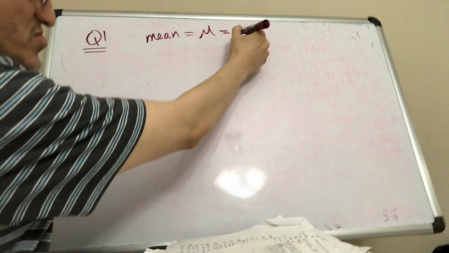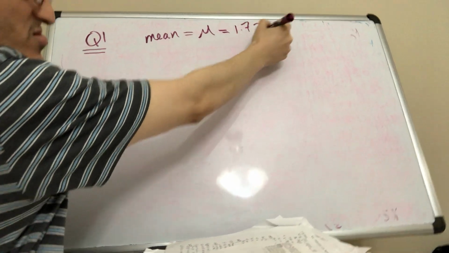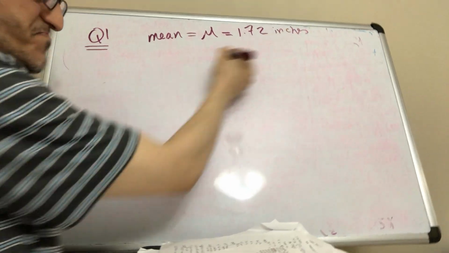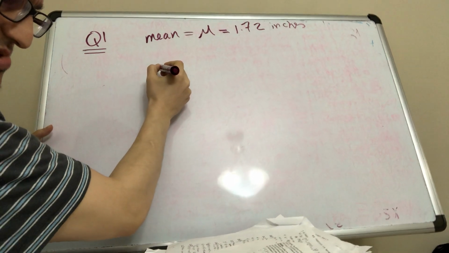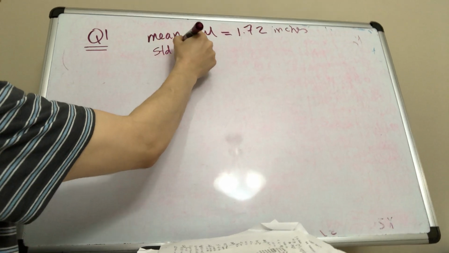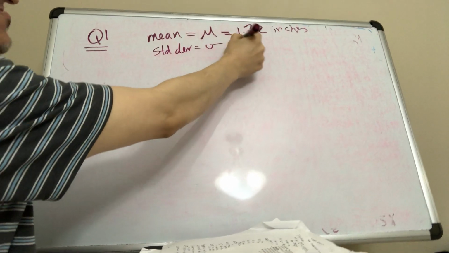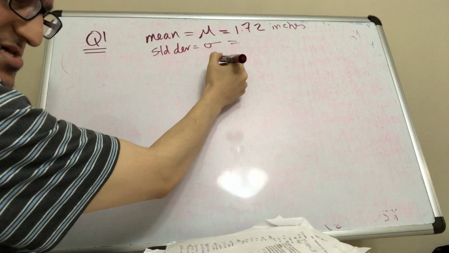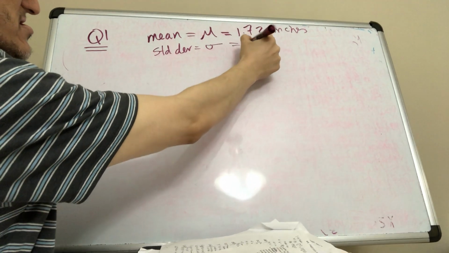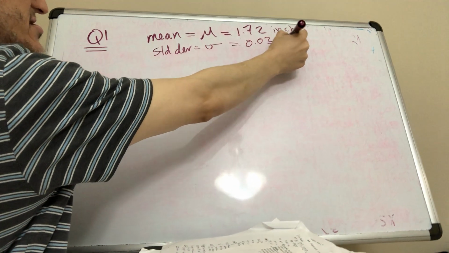So the mean is mu, 172 inches, with a standard deviation, sigma. Again, since they mention approximately normal, the mean and standard deviation would be mu and sigma. And sigma in this case is 0.3 inches.